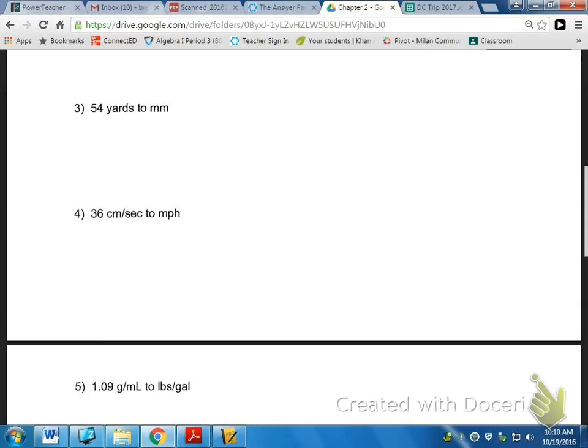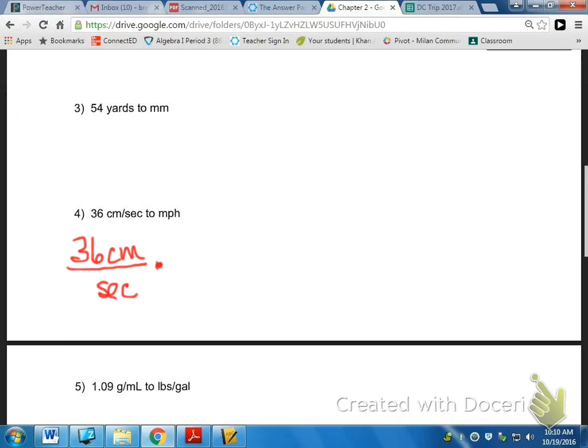All right, so we're going to start out here with this. 36 centimeters on top to seconds on the bottom. That's what it says. Okay, I'm going to deal with the centimeter part first. And I need to go all the way from centimeters to what? Who knows? Miles. Okay, so we got to start off slow.